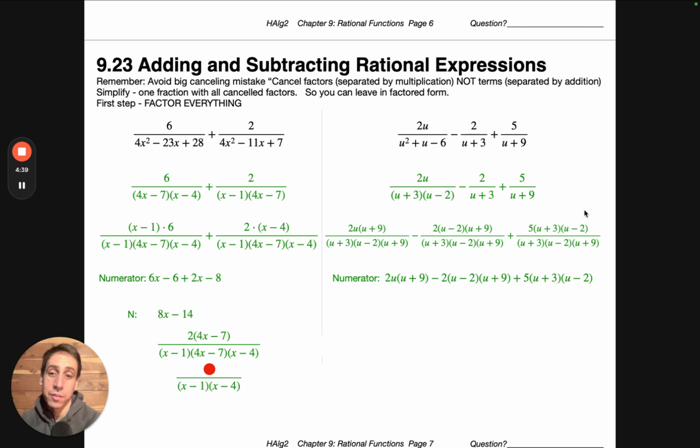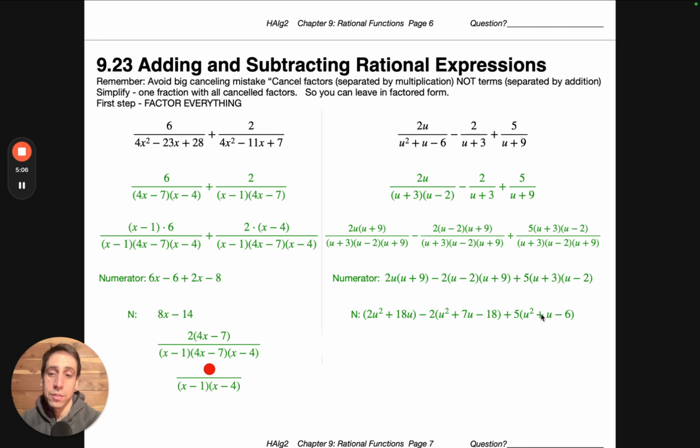We do have to box FOIL. And when we do that, we get this first numerator minus, well, it's all in the numerator now, but the first distribution looks like this. When we FOIL this out, we get here. And when we FOIL this out, we get this.